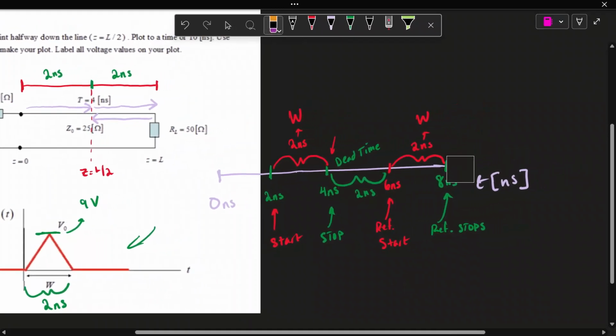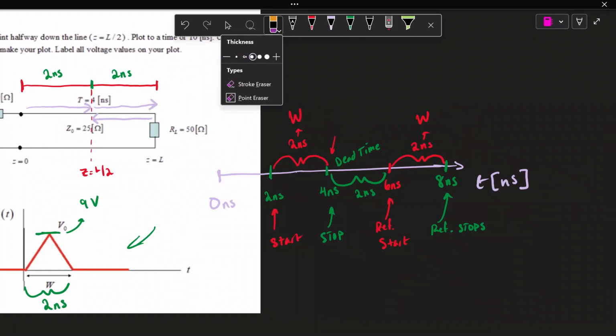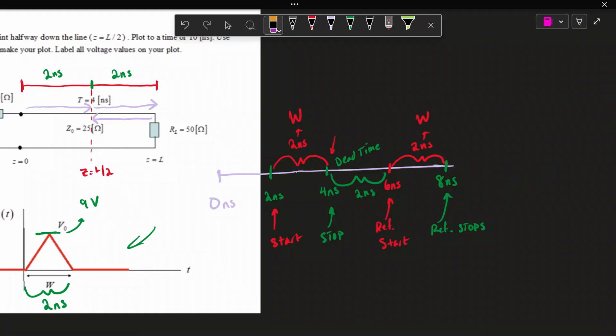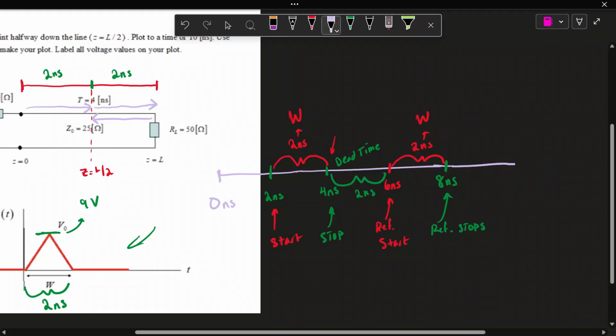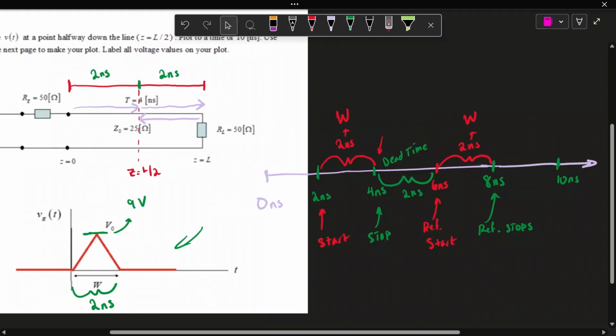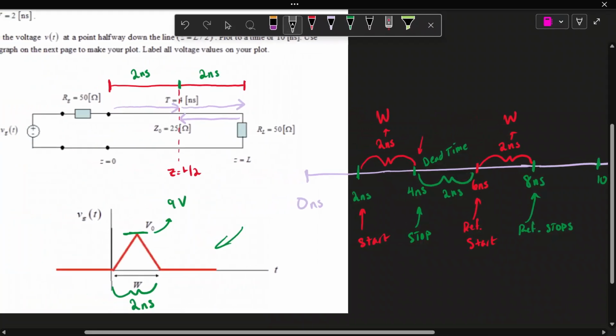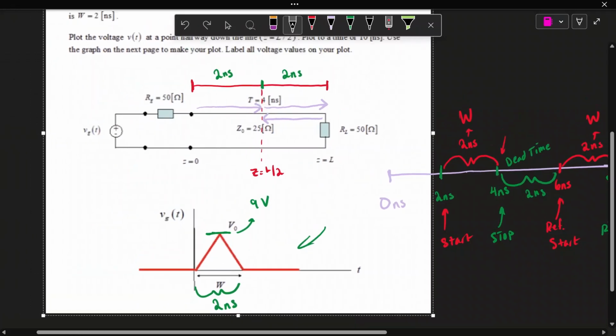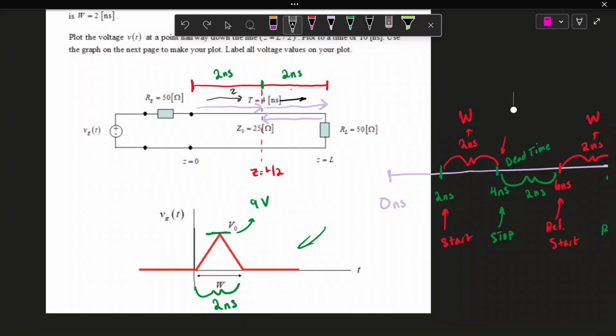Now, if we wanted to keep going, we have up till 10 nanoseconds? So let's see. If we kept going, let's say we go to 10 nanoseconds, we'll even write this down here. What happens? Well, let's see, this was 2, oh shoot, my bad. This was 2, this was 4, this was 6, this is 8.